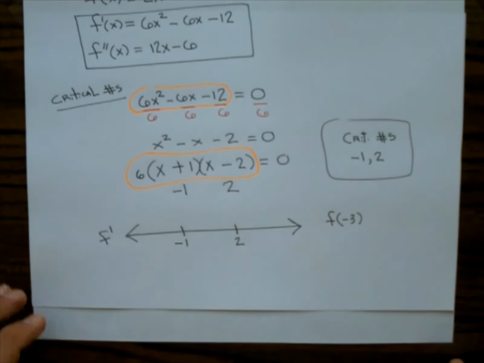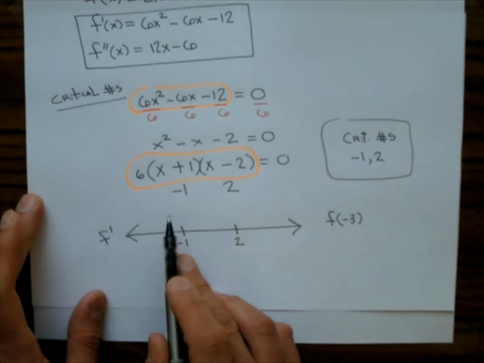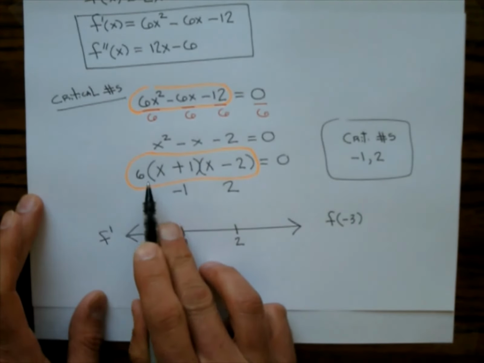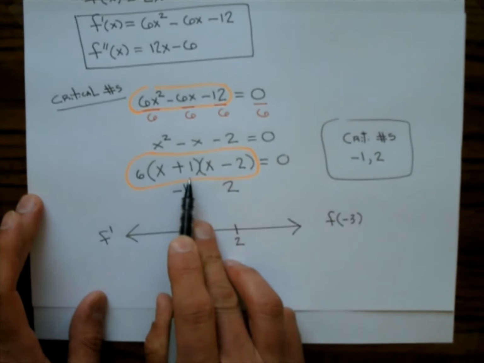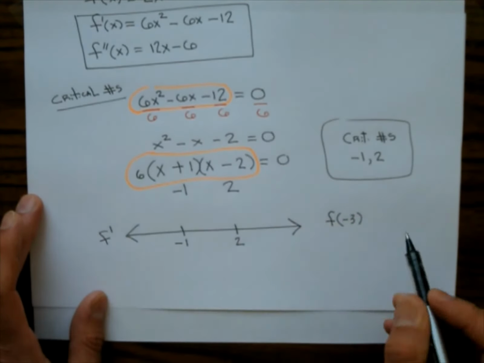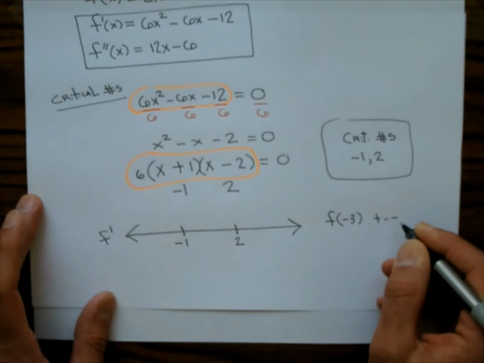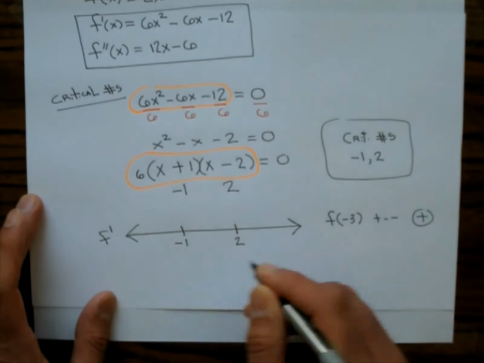Well, really all I'm looking for is the sign, if it's plus or minus. And so when I put negative 3 in here, I end up getting 6 times negative something. So positive, negative, negative, which gives me a positive.